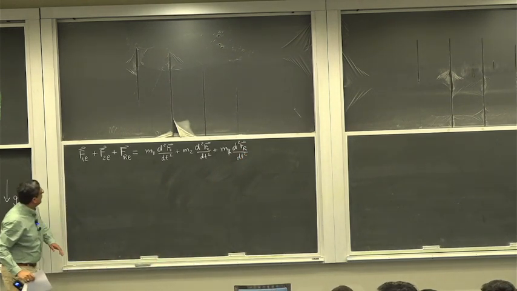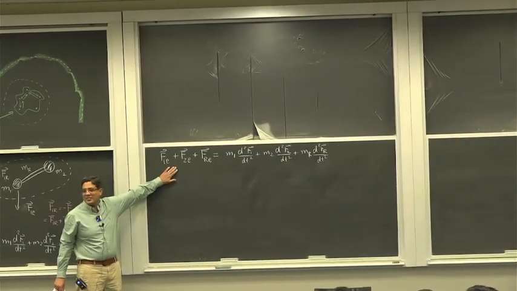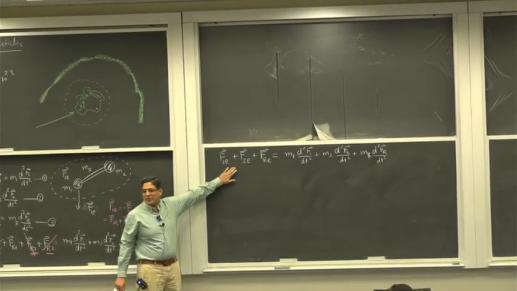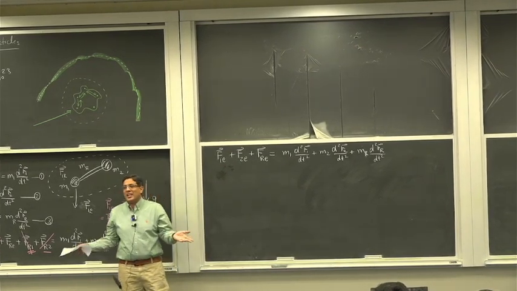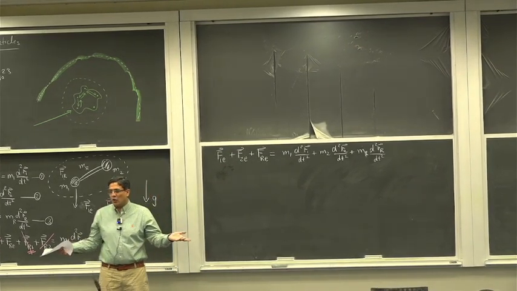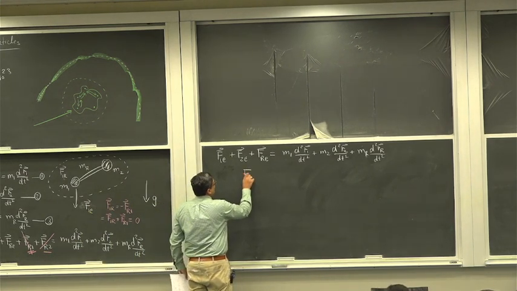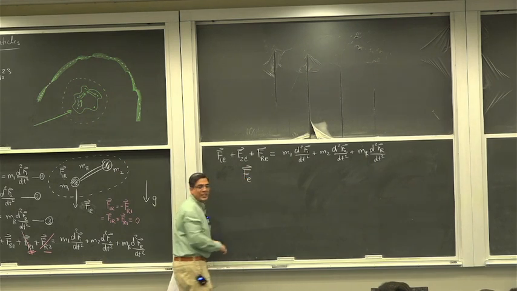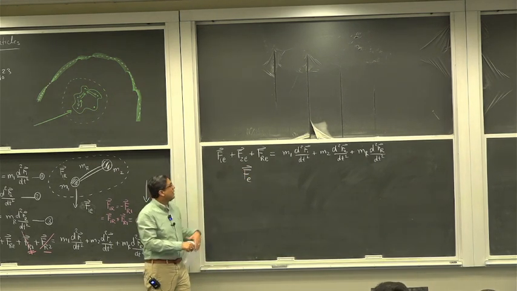And lo and behold, on the left side we have no internal force left, only external force. Okay, and I can just write it as the net external force, right? The total external force. So this becomes just simply FE, where FE is equal to F1E plus F2E plus FRE.